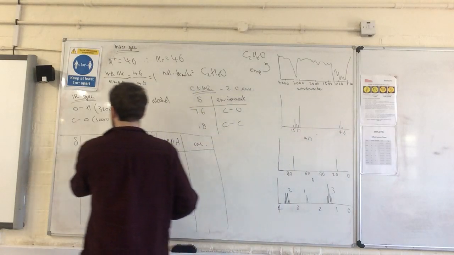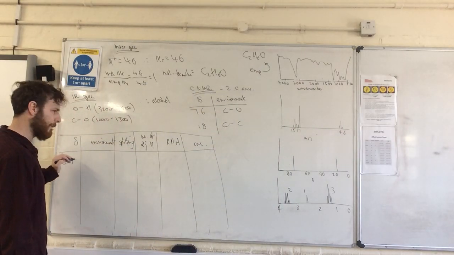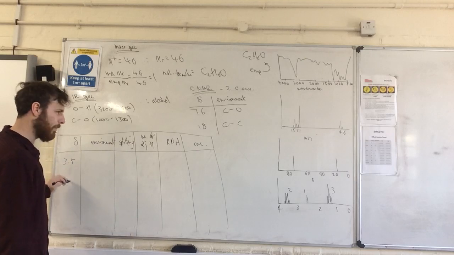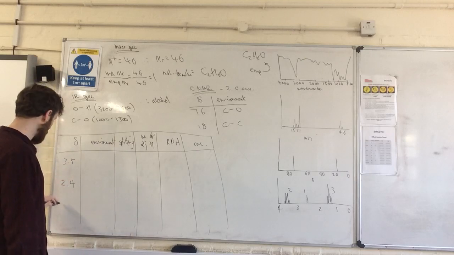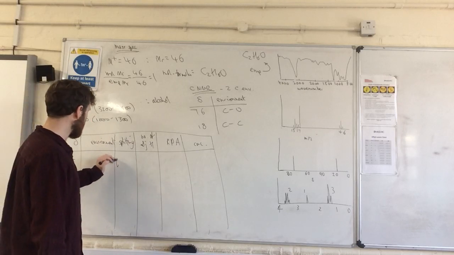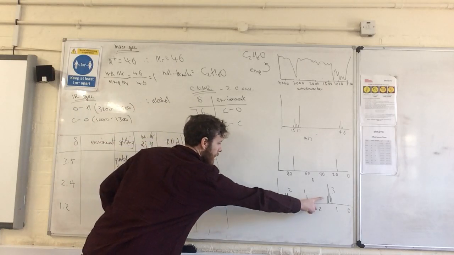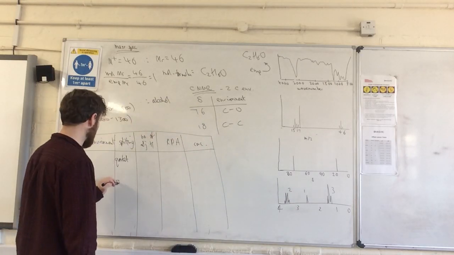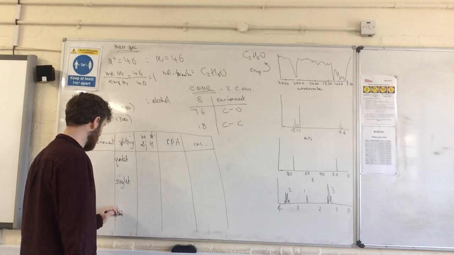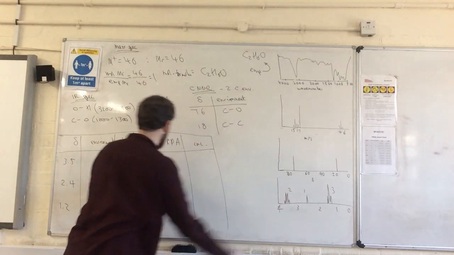So starting from our left and working across, I got chemical shifts of about 3.5, 2.4 and 1.2, something like that. My splitting is a quartet, a singlet and a triplet. So I'm going to write down again the English words. And my relative peak areas are 2, 1, 3.